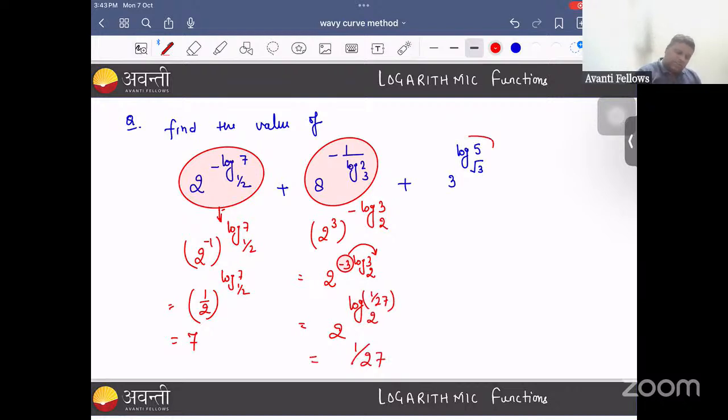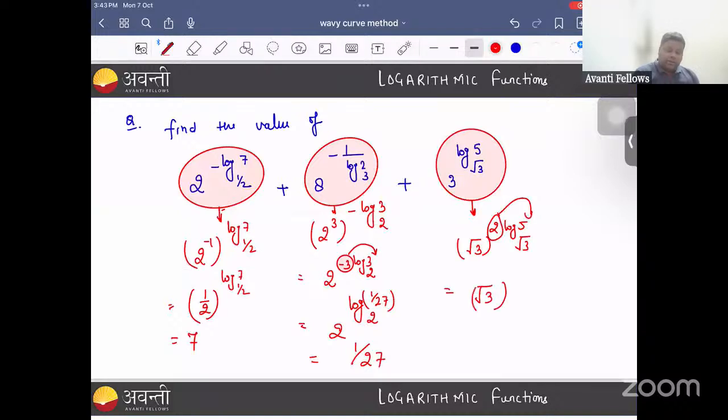Now come to this one. This can be written as under root 3 square to the power log 5 base under root 3. Now again this power goes to the power of 5. We can write it as 3 to the power log 25 base root 3. The answer is 25.